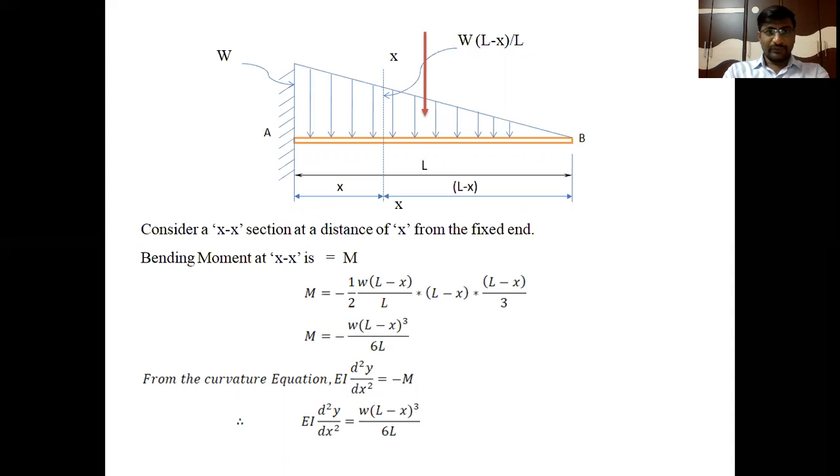The maximum load at fixed end A is W and 0 load at free end B. This is the UVL, uniformly varying load or triangular load. Let us consider a section XX at a distance of X from the fixed end.